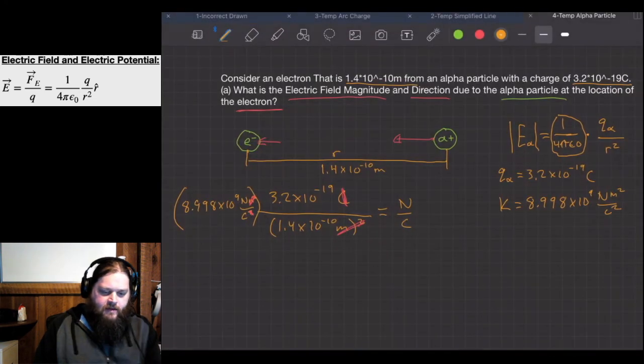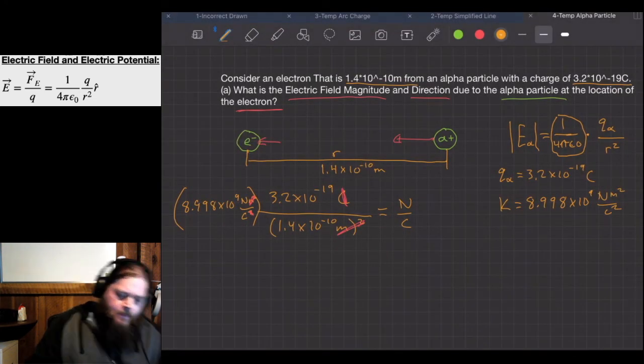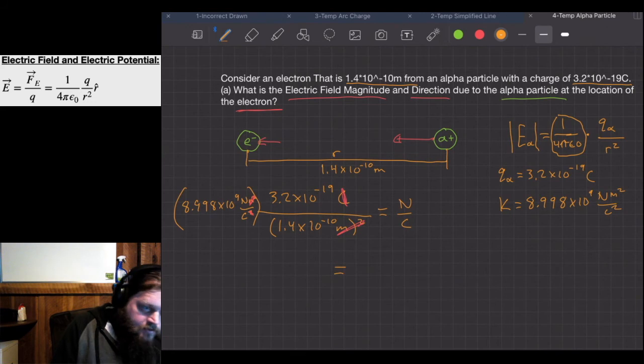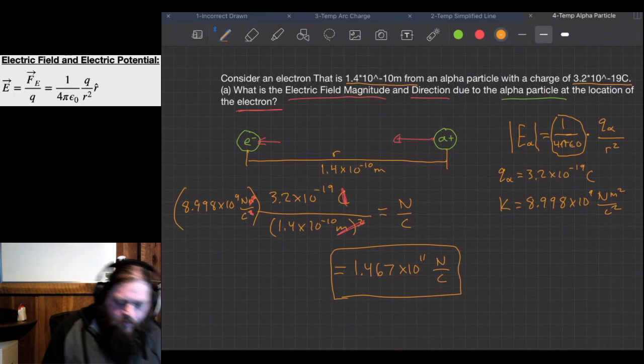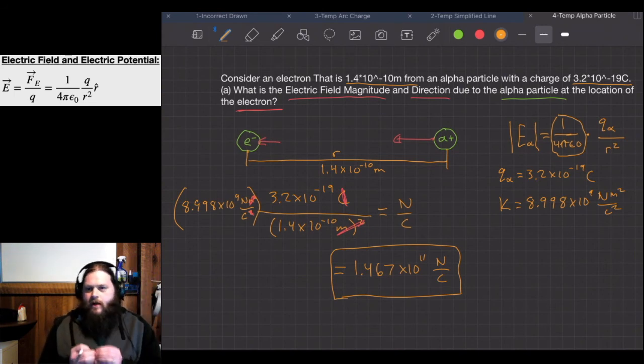So go back here. So this is equal to 1.467 times 10 to the 11 Newtons per Coulomb. And that is the magnitude of the electric field from the alpha particle at the point of the electron.